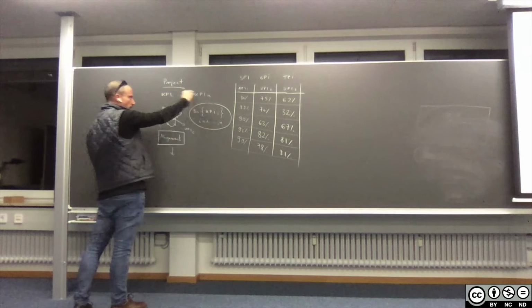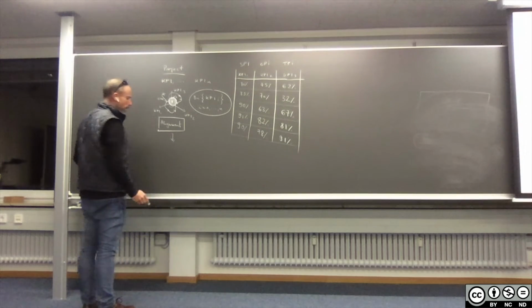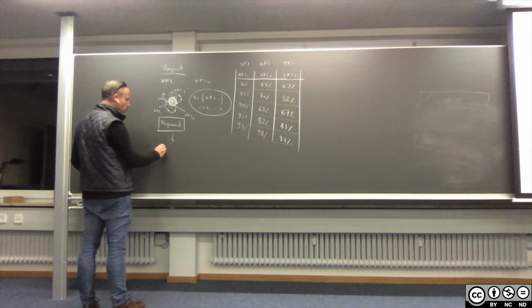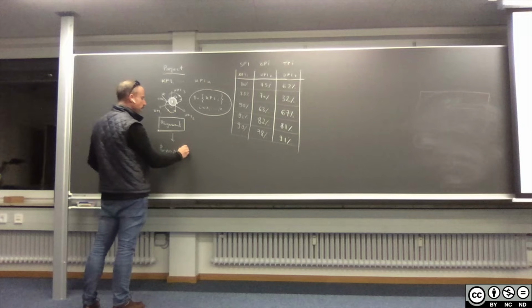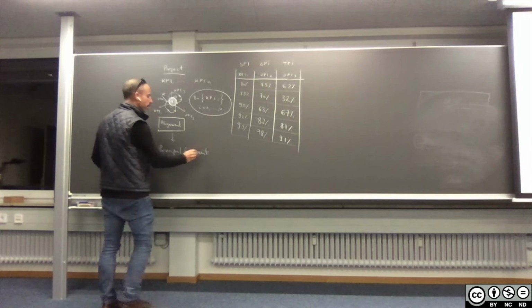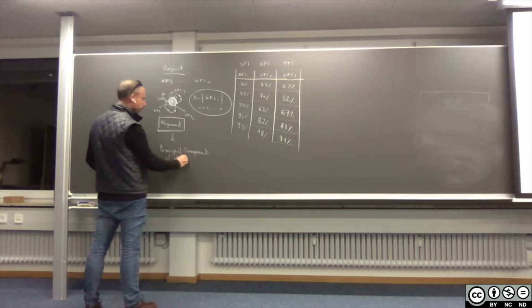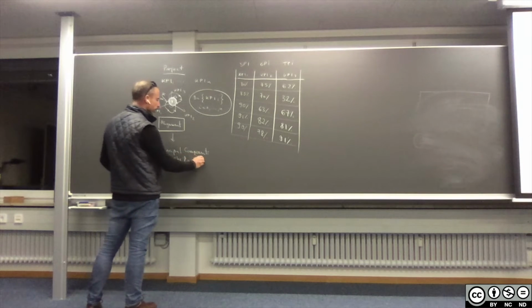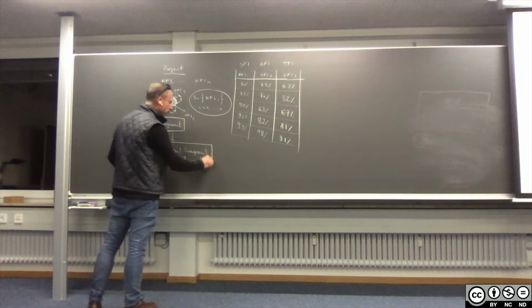Or in general, from n dimensions to 2 or 3 dimensions. And to do so, we want to know what are the principal components of the project. Okay, the principal components of the project.